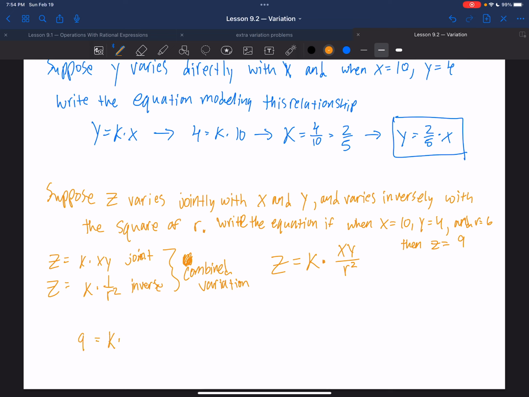So this equals k times xy, so that's 10 times 4 over 6 squared. So that's 9 equals 40 over 36.